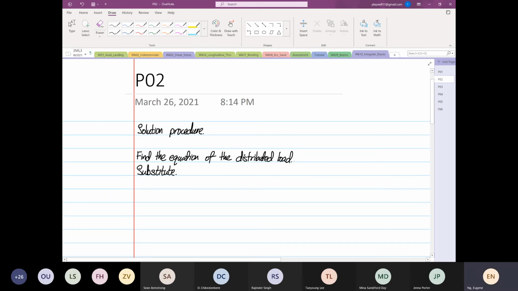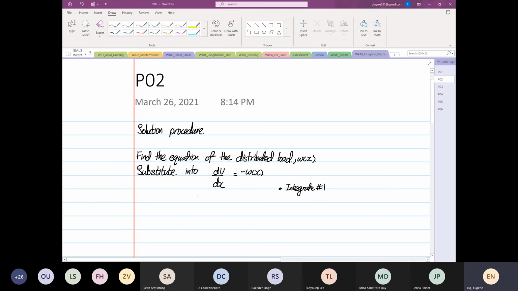When we find this, we know our omega is a function of x. Then we're going to substitute into dv over dx, and this will be equal to minus omega as a function of x. Then from here, we are going to integrate the first time.